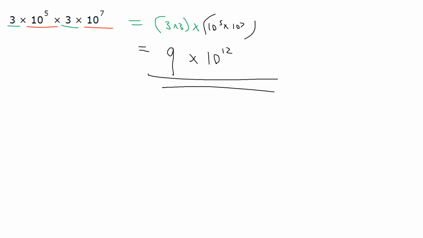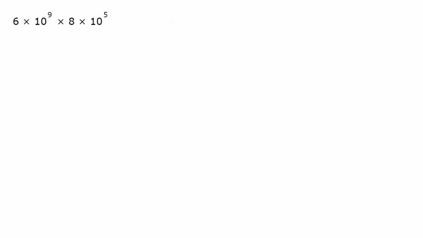But what about if it's something like this? What I mean is that we get 6 times 10 to the 9 times 8 times 10 to the 5. What we'll do is, once again, we do 6 times 8 times 10 to the 9 times 10 to the 5, okay?